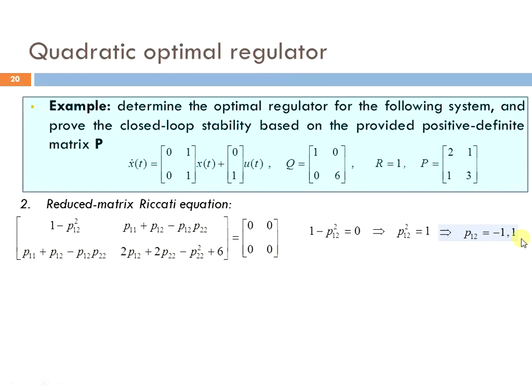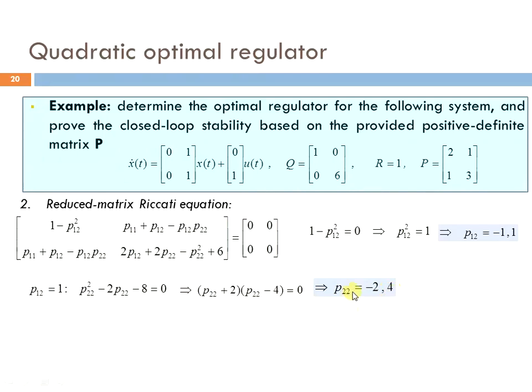Taking the positive value of P12, and noticing that the fourth element of this matrix has two unknowns, P12 and P22, we can solve for P22 because we now have the value for P12. Evaluating that and equating it to 0 gives us a quadratic expression which is factorizable and allows us to determine the values of P22 to be -2 and 4. So for the one positive value of P12, we get two values of P22.